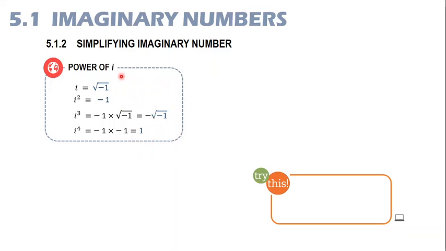So dia akan berulang balik pada jawapan yang pertama. So the power of i ni dia akan berulang setiap 4 jawapan. Maka kita ada cycle sampai i kuasa 4 sahaja.